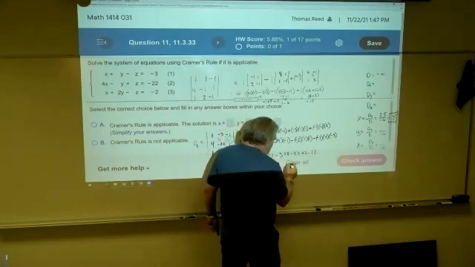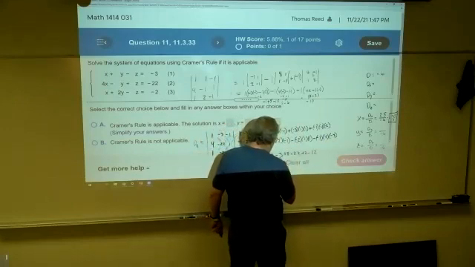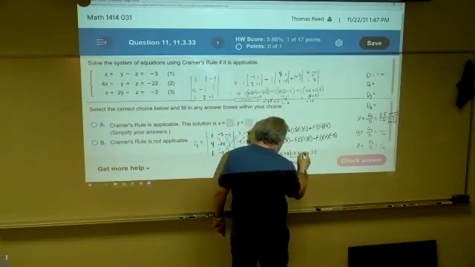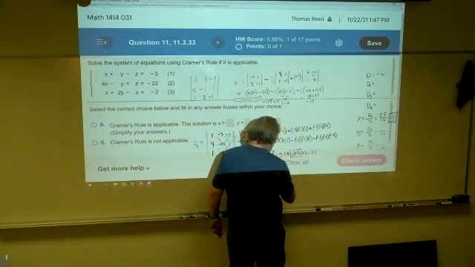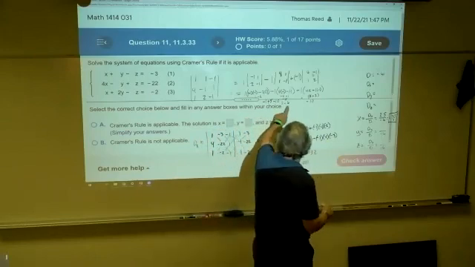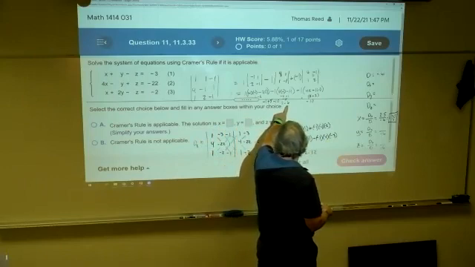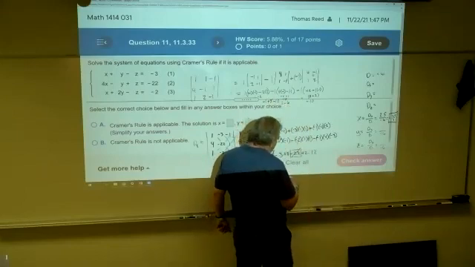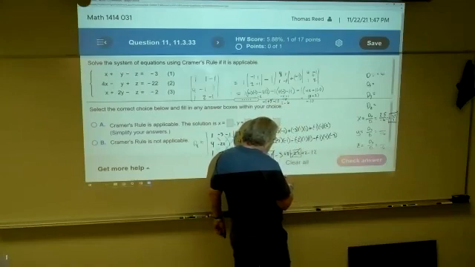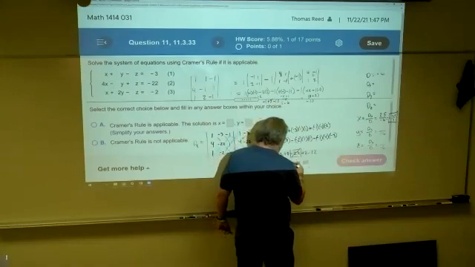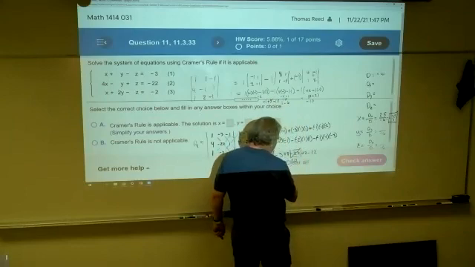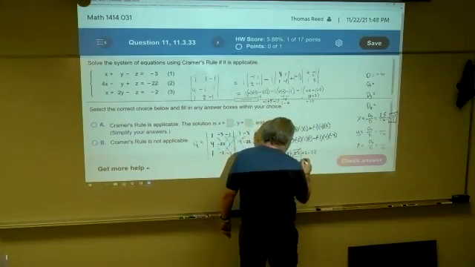The 22 and the negative 22 go to 0. I'm going to double check to see about my negative 6 here, because the calculating here may have been incorrect. And then the 8 and the 2 make for a positive 12. The negative 3 and the negative 12 make for a negative 15.